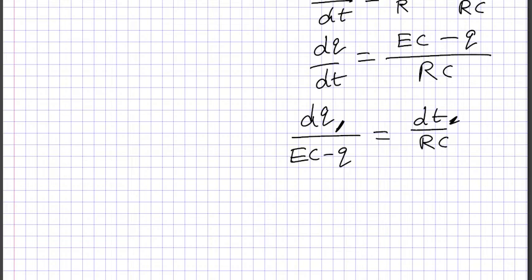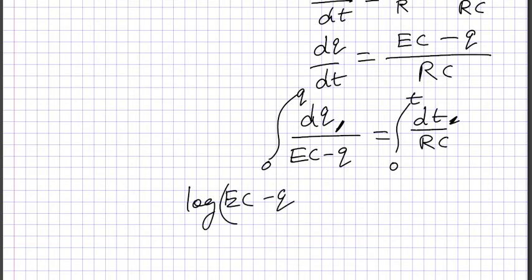Integrating from 0 to t, let us say the total charge on the plates of the capacitor is q by the time t. On integrating we get minus log (EC minus q), since you must be familiar with the integration of 1 by x, which is log x, is equal to t by RC plus the constant of integration.